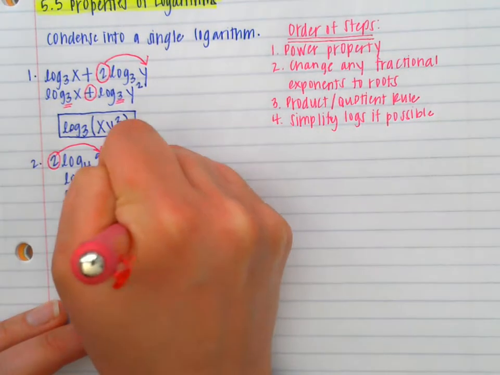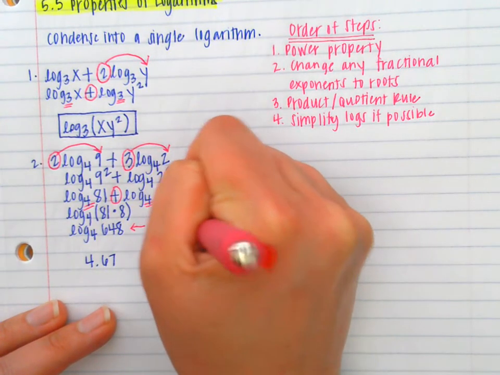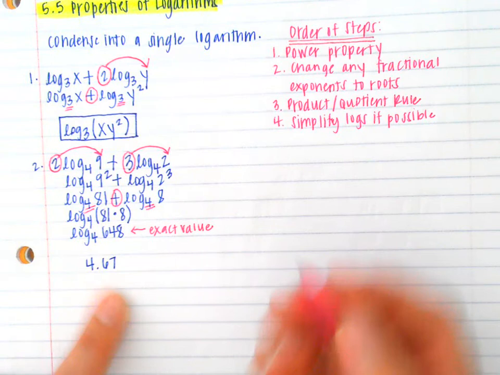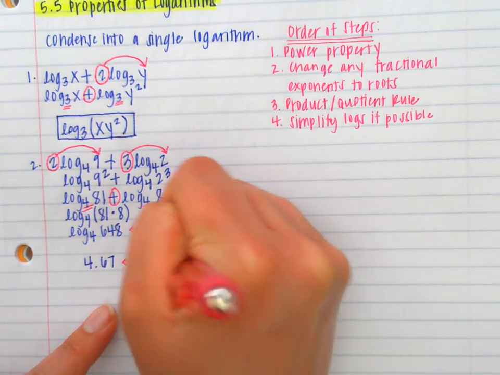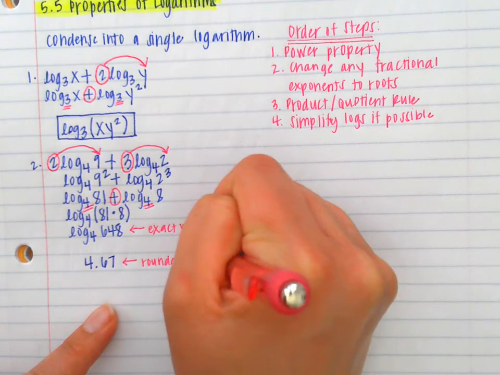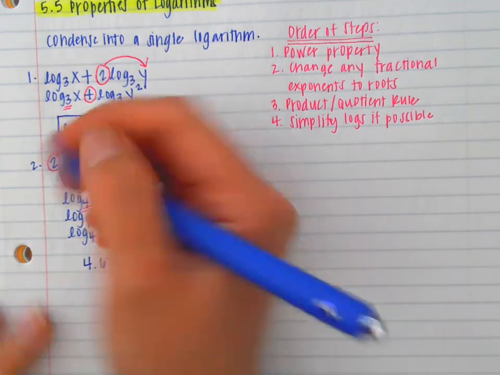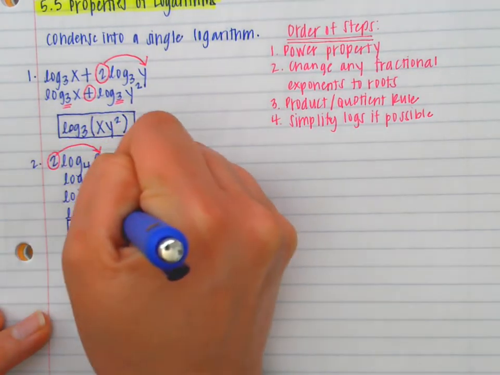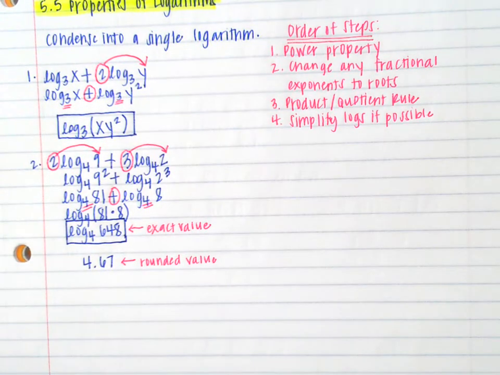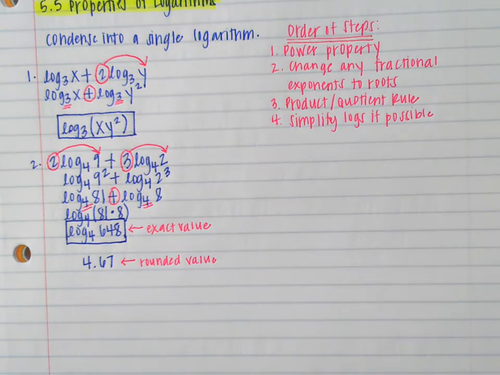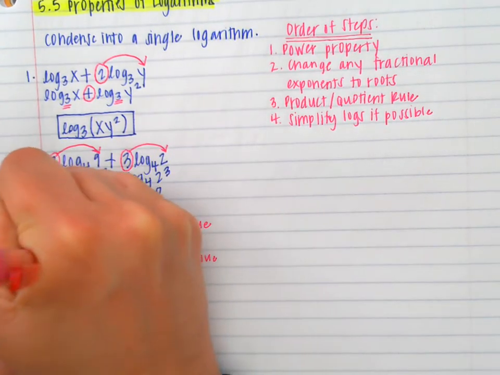This is the exact value because this is the rounded value. So if it says find the exact value of this log, it would be this answer. If it says find the rounded value, round it to however many decimal places, this is what you want to do. And all we did is use our calculator.